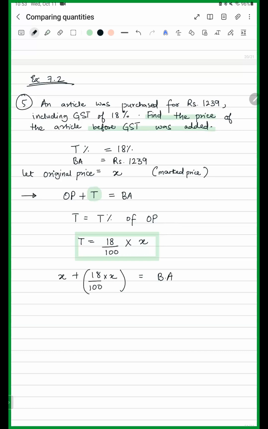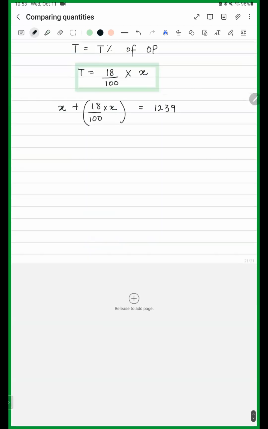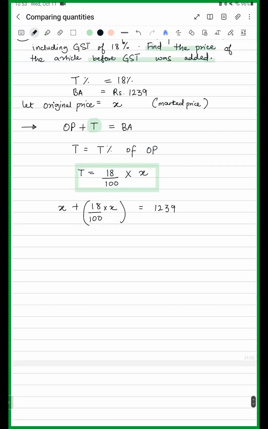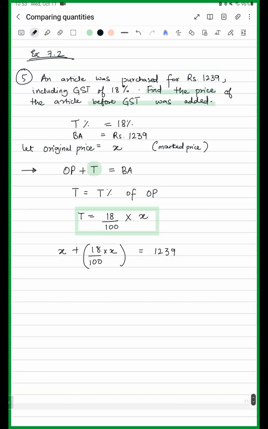Till here, is it clear? And now what is bill amount? That is also given to us, 1239. T is equal to 18 by 100 multiplied by X.